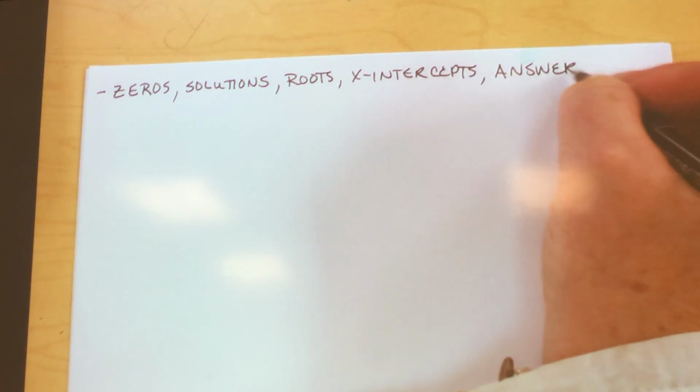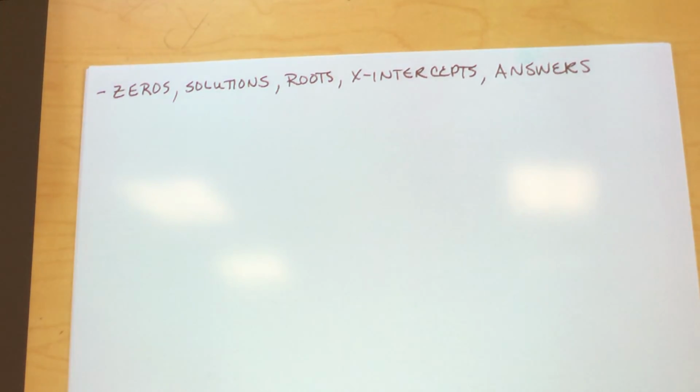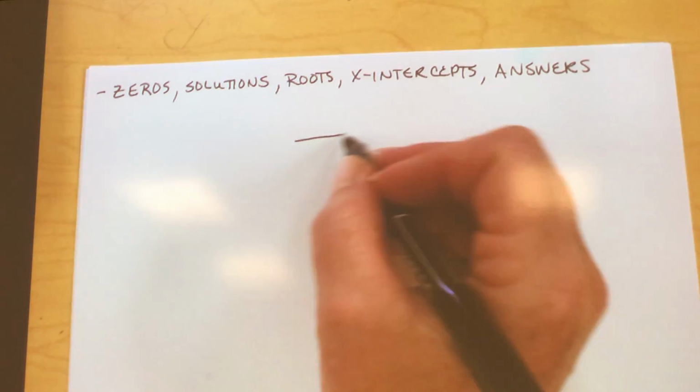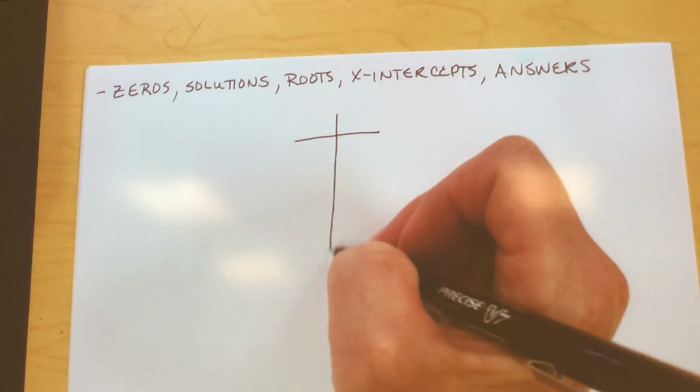They're all the same thing. These are all different names for the same thing. So I could call them any one of those things and you would need to know what I was talking about. Okay? So, let's see if you can fill out this little chart.